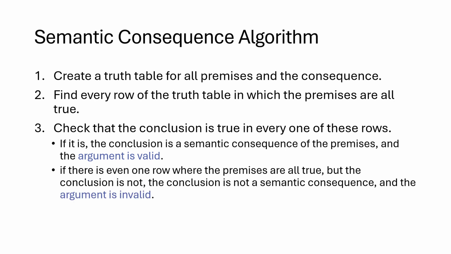On the other hand, if that's not the case, which means if there is even one or more rows where all your premises are true but the conclusion is not, then we say that this argument is not valid. Okay, so it's very simple and it applies no matter how many premises you have, the same algorithm works. But as you will see, if we have a lot of variables involved, it becomes inefficient because the table is going to grow exponentially.